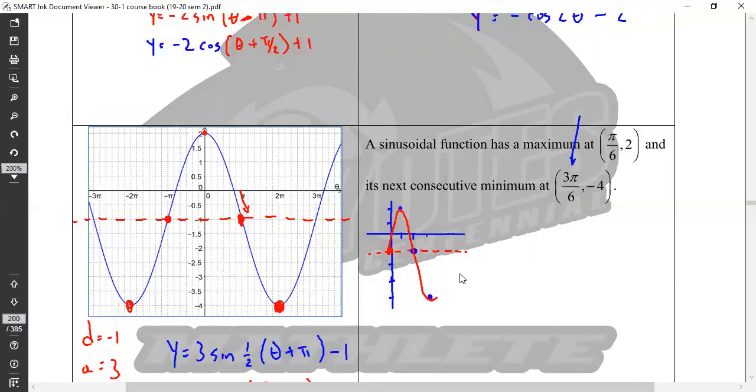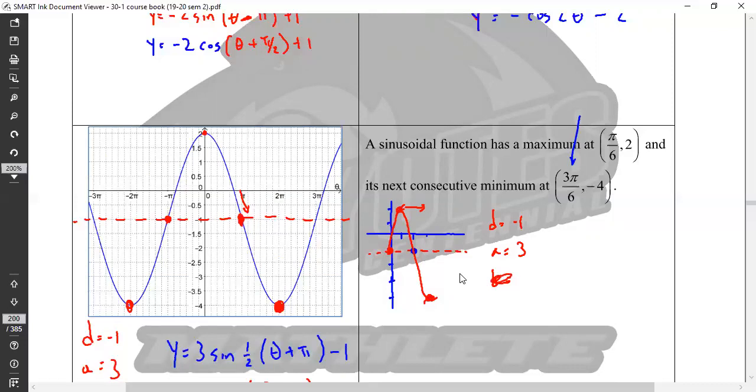So what can we tell about this? We can tell that d is equal to negative 1. We can tell that a is equal to 3 again. We can tell b, what do we have for period? This distance from maximum to minimum is going to be half the period.